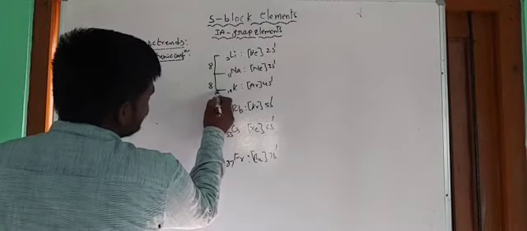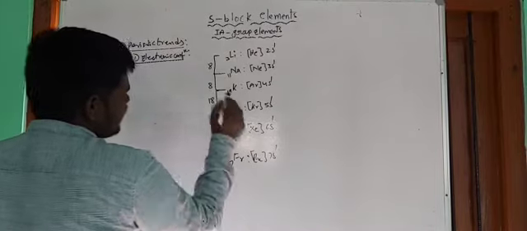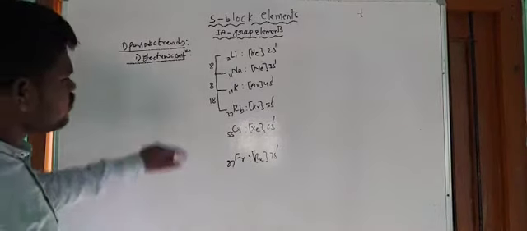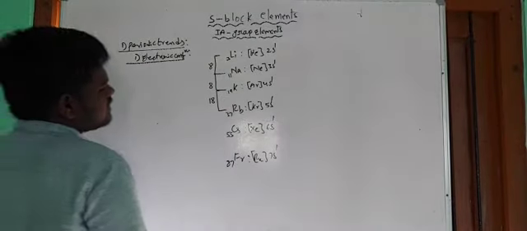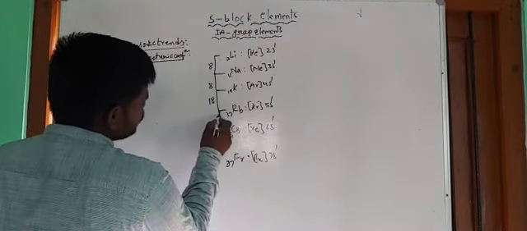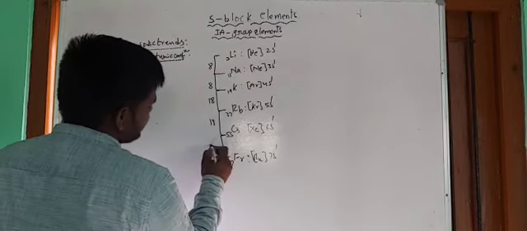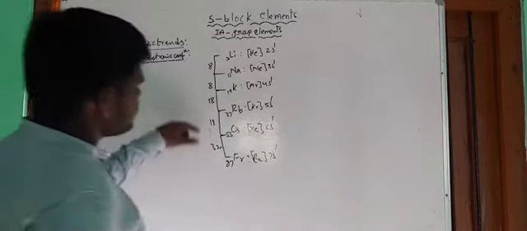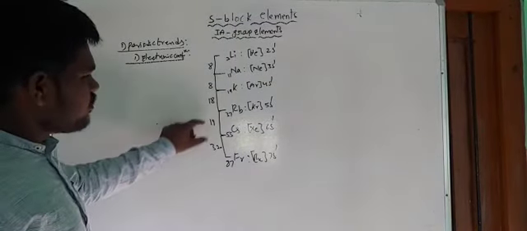Next we add magic number 18 to the atomic number of potassium: 18 plus 19, that is 37. Here also we add 18, and here we add 32. These are known as magic figures or magic numbers. By adding numbers like this, you can get the respective elements' atomic numbers.